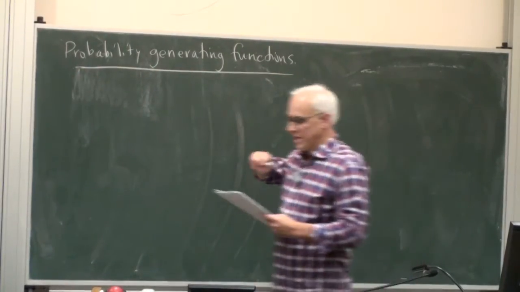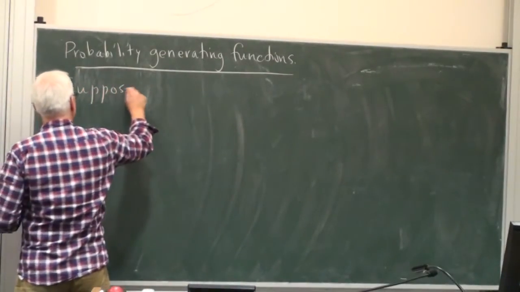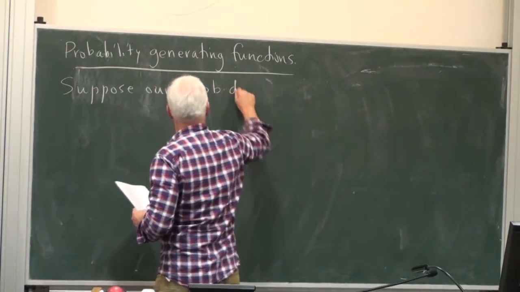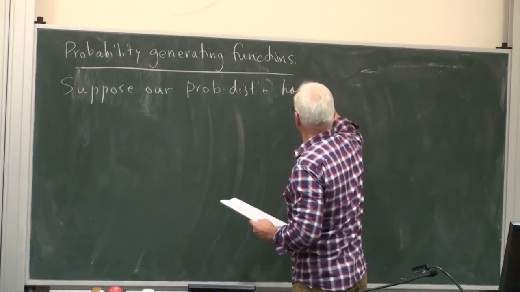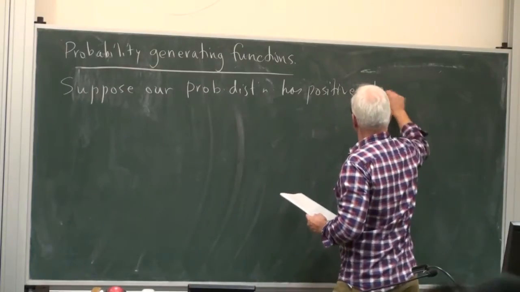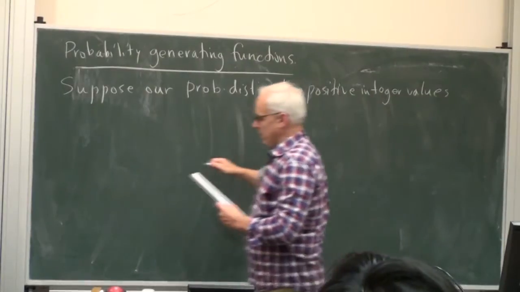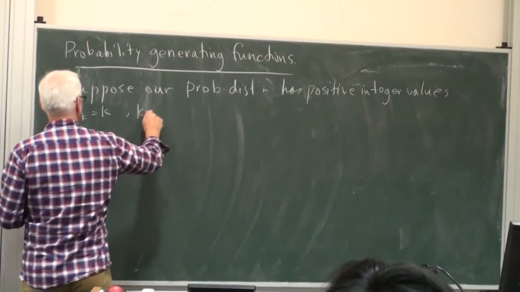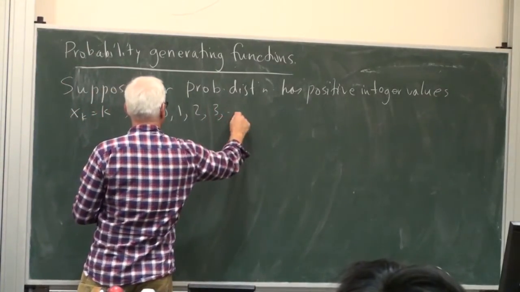All right, we're going to suppose that the probability distribution has positive integer values. So x_k equals k, for k equals 0, 1, 2, 3, and so on.